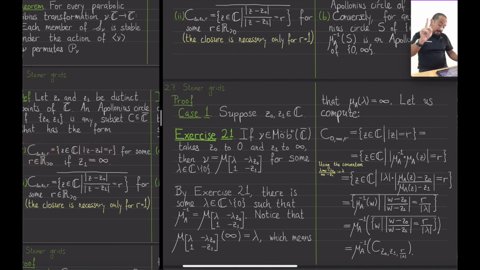So that's the circle that is mapped to the mediatrix of Z0 and Z1.